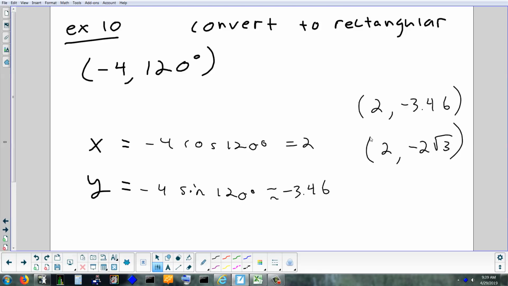Whenever we had angles that were multiples of 30 and 45, there was always a way to write the answer out nicely. The nice answer usually involved square root of 3, or what was the other square root that came up a lot? Square root of 3 came up whenever the angle was a multiple of 30, and the square root of this number came up with 45s.